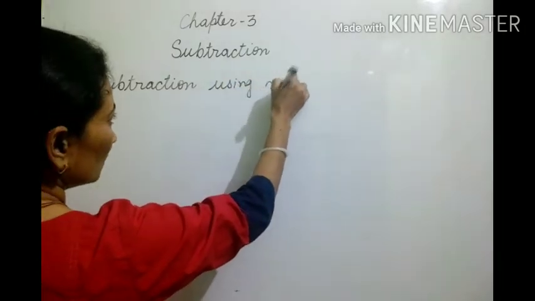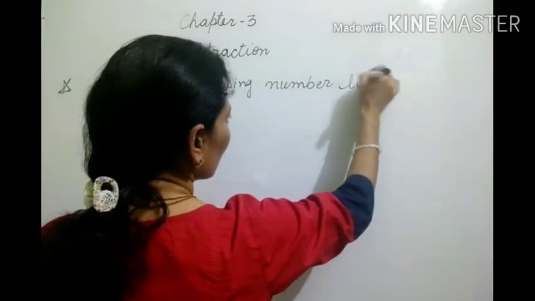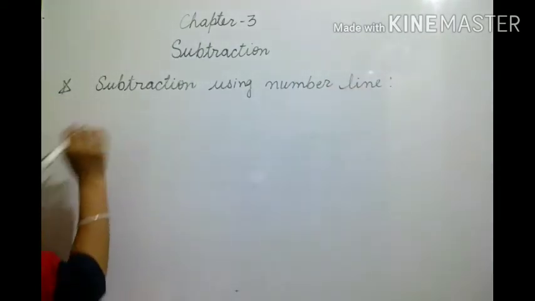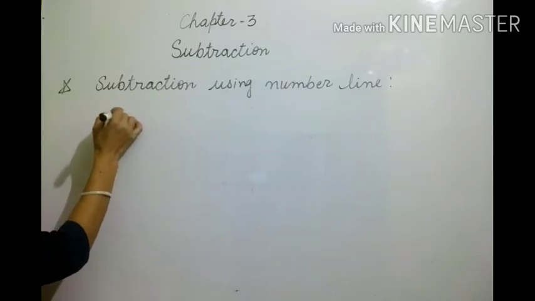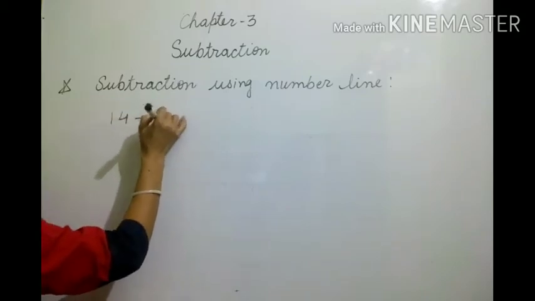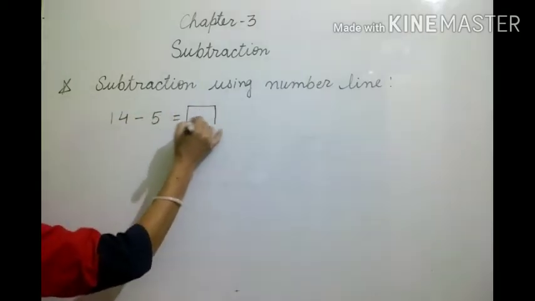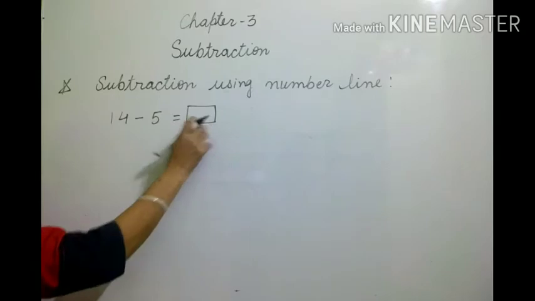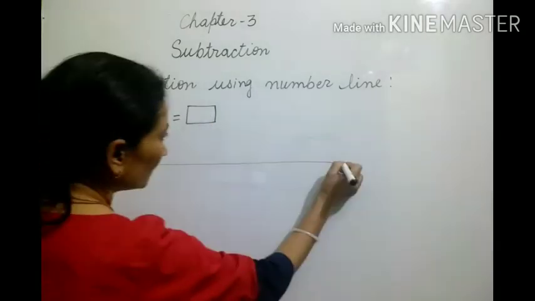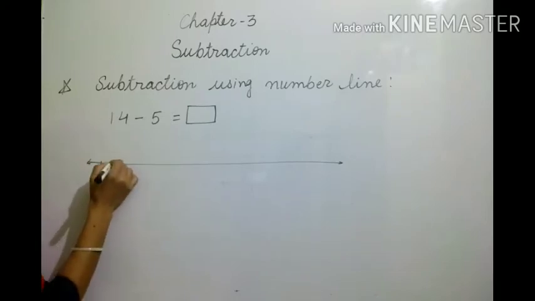How will we do it? We take 14 minus 5. We have to find the answer. We draw a line, mark numbers starting from 0.